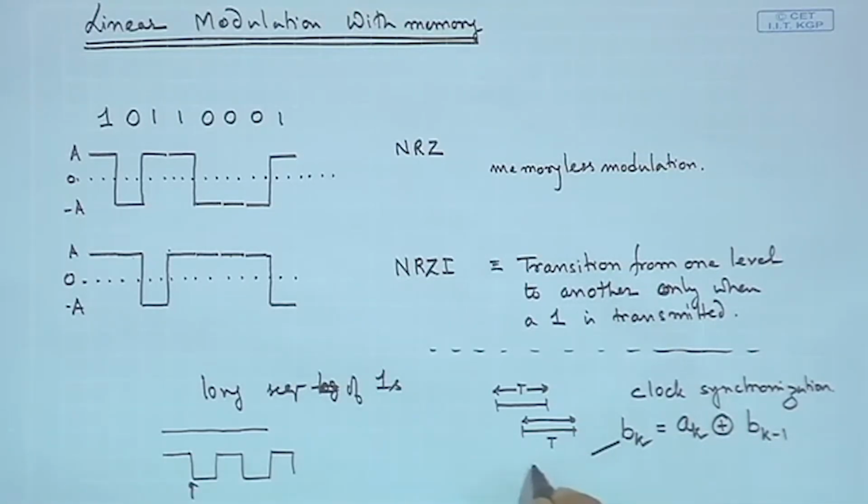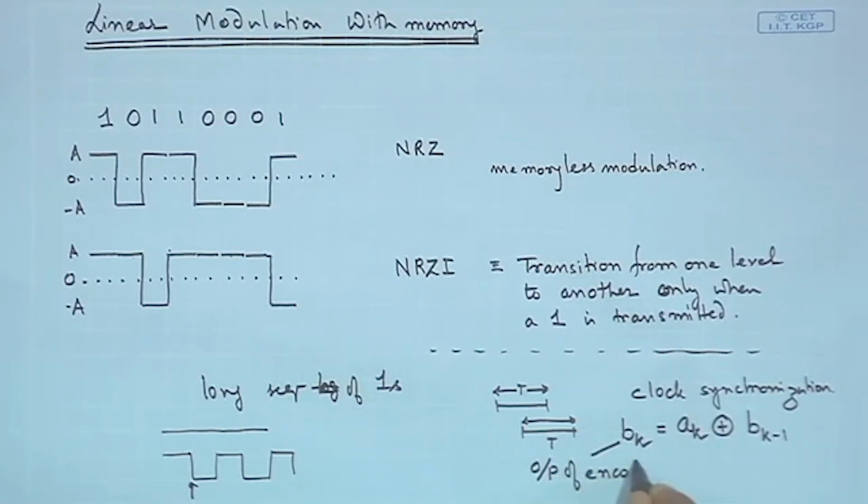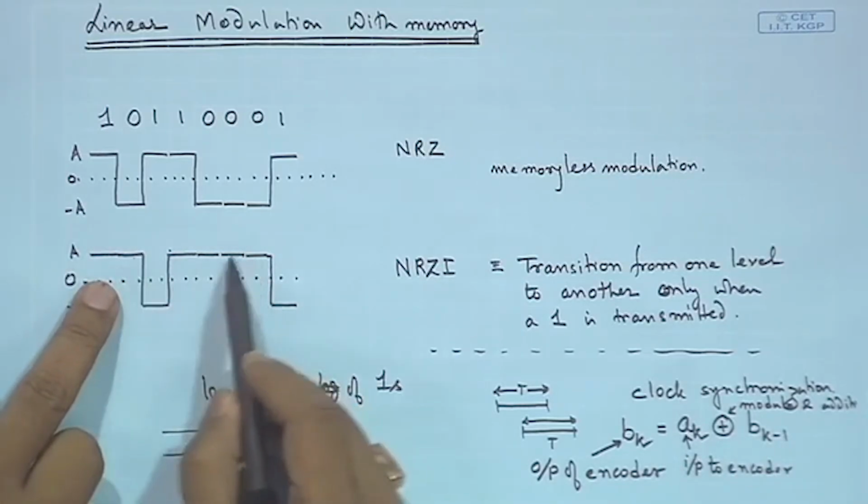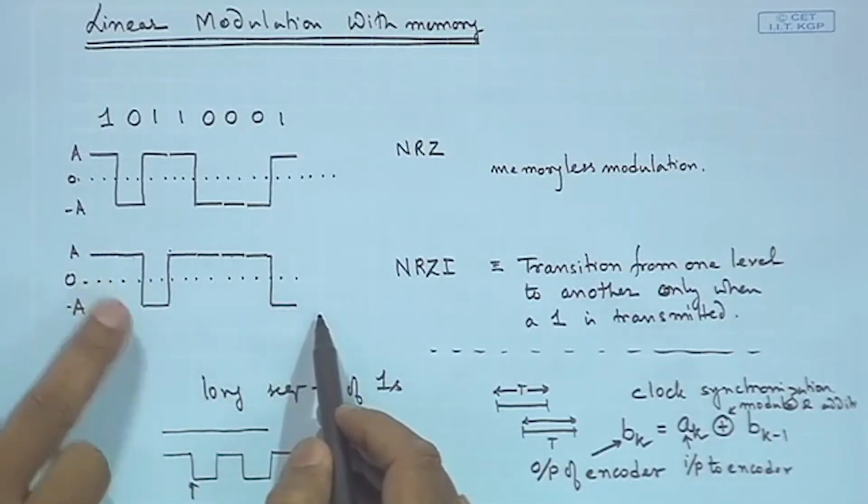So, this is the output of the encoder, and this is the input to the encoder, and this one is of course modulo 2 addition. So, if you follow this, you could clearly generate this kind of a pattern, right.